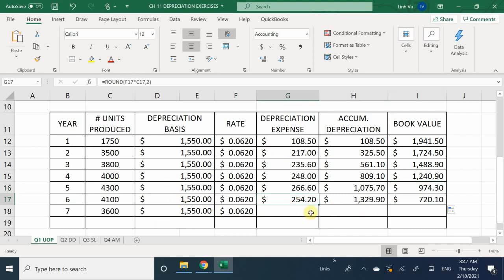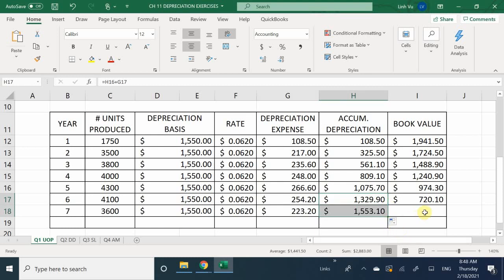All right, let's continue one more year. What is my depreciation expense for year 7? 223.20. And then my accumulated depreciation? 1,553.10.